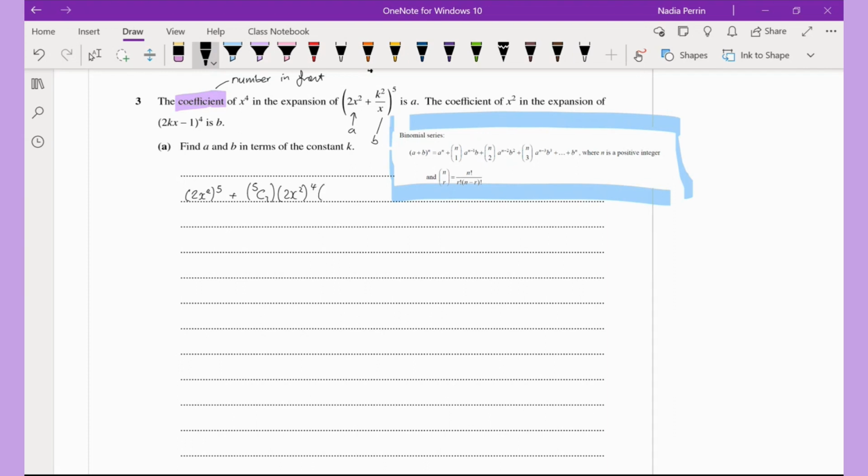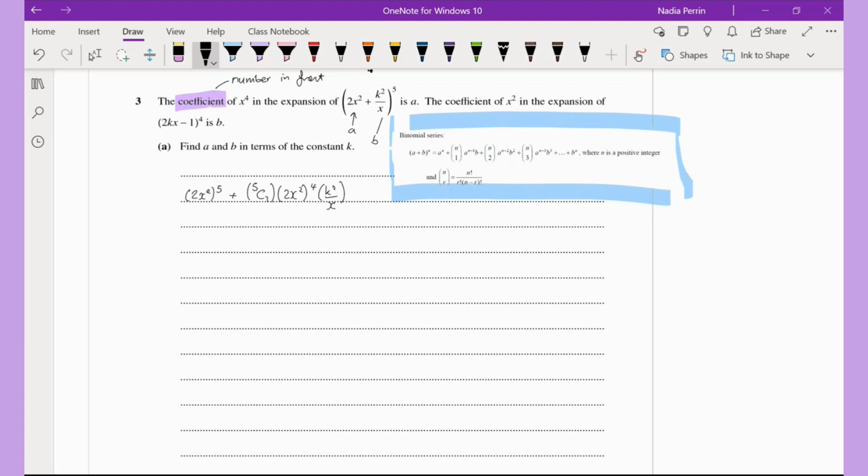And then the b starts coming into play, so (k squared over x). Notice that I always put them in brackets. Really big mistake is not putting those brackets in, and then you don't do 2 to the power of 5 and you get the wrong answer. So just be really mindful about putting everything in brackets.